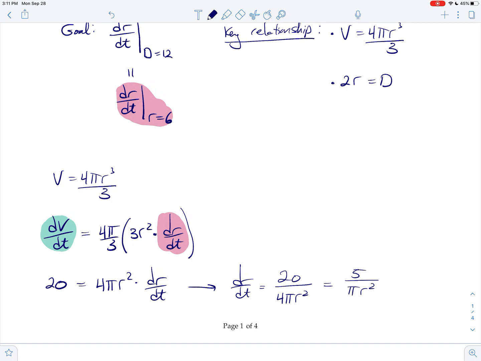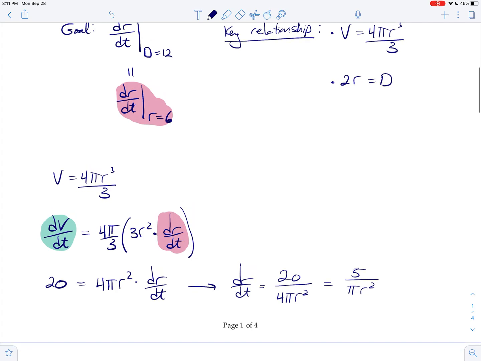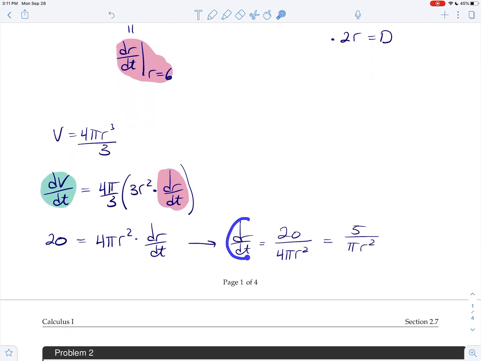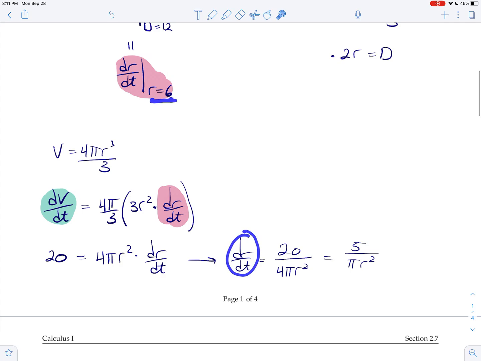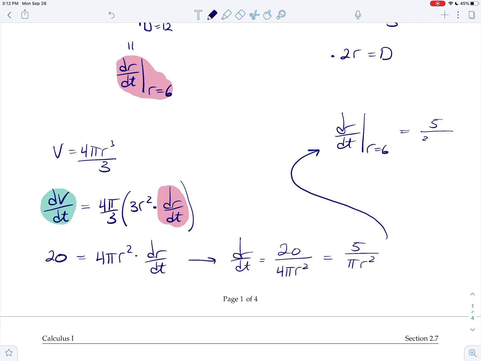That's great. What we're specifically looking for, though, is dr/dt evaluated when the radius is 6. And so from this formula, we can finally finish it. We can say, okay, look, dr/dt evaluated when the radius is 6, that's just going to be 5 over 36 pi. You can just plug in r equals 6.